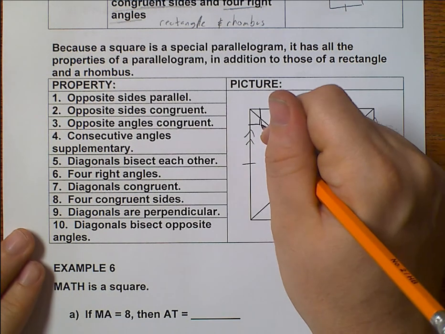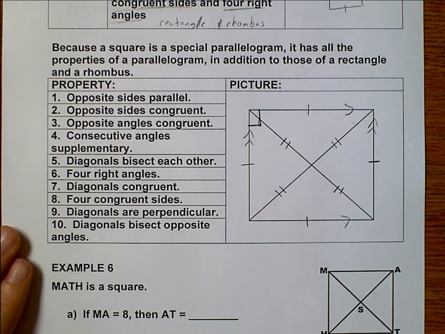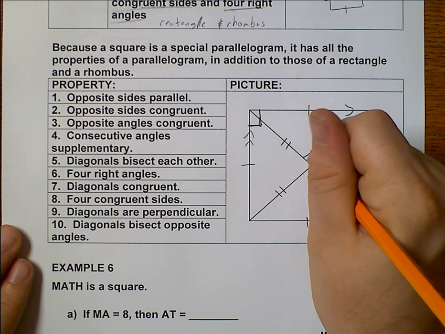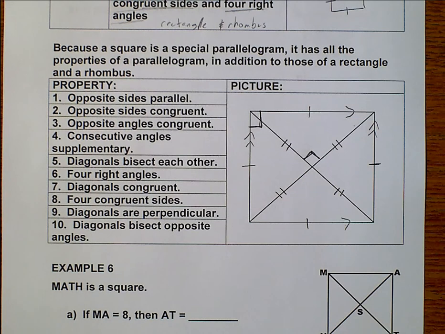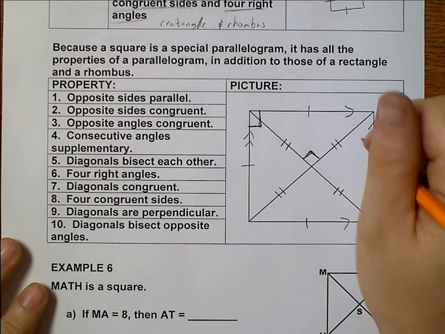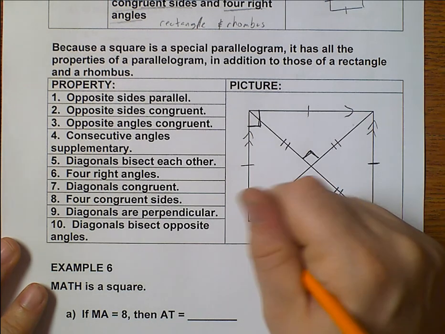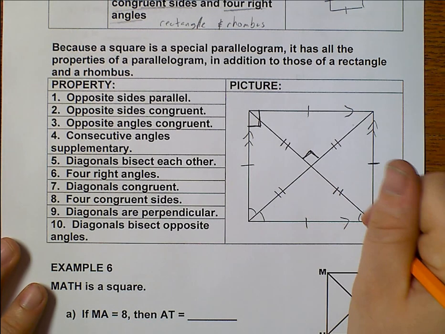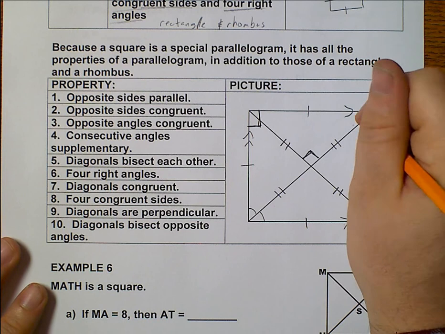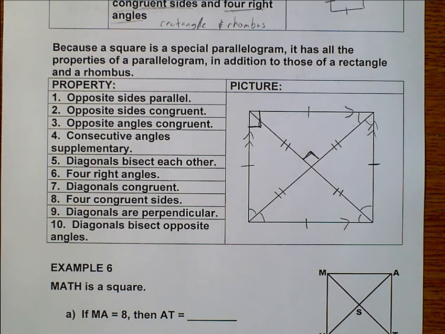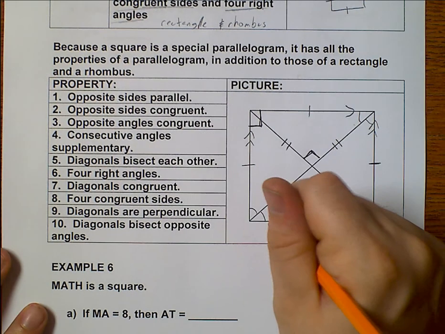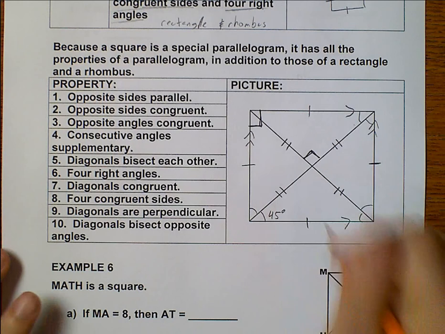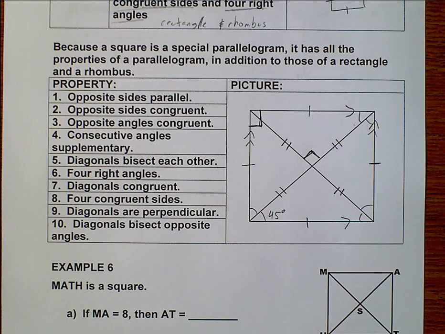Our corners are right angles, but so is our interior. And because these angles are bisected, they're all going to be the same, and they're all going to be 45 degrees. And that pretty much tells the story of everything for our square.